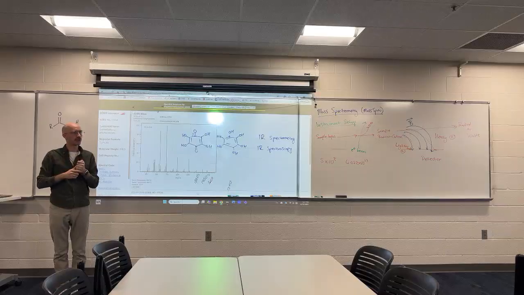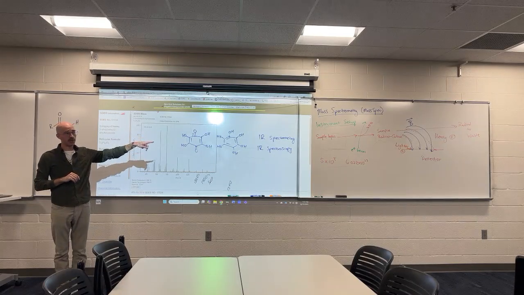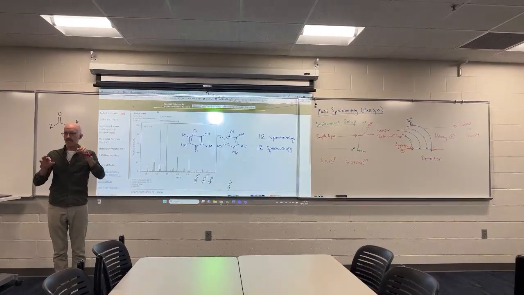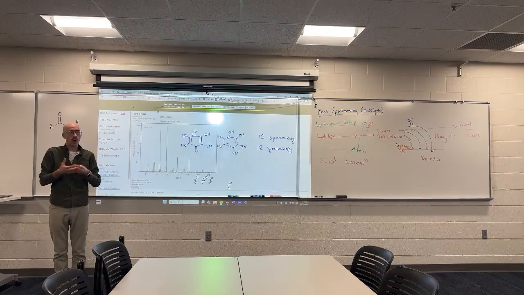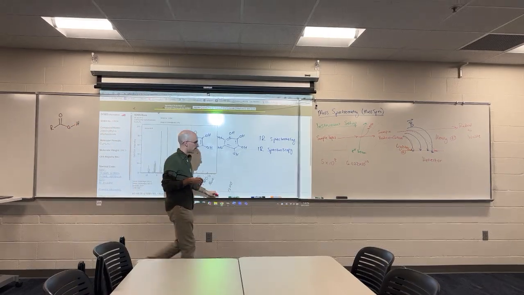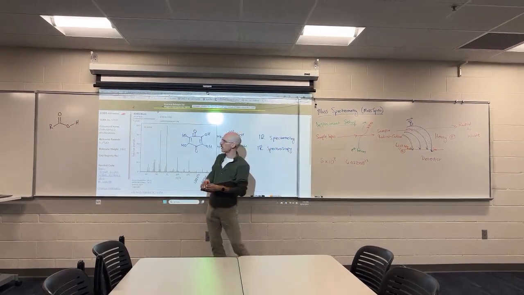That's how many molecules you're putting into this instrument. But the odds of that electron beam hitting every different electron in the sample is pretty high, except that the compound won't fall apart in every imaginable way. The compound falls apart in very specific ways. And we call that a fragmentation pattern. We're going to look at that in a second.